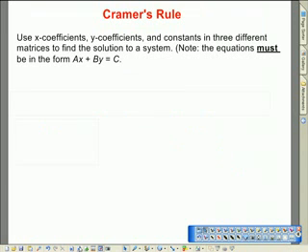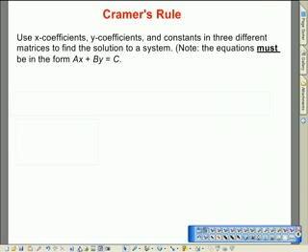Well, now we're going to apply it to Cramer's rule, and this is what I've been mentioning for a while. Cramer was a Swiss mathematician who died in 1752, so he's been gone a while. This is not a new way. It's on the top of page 355 of your book, which talks about Cramer's rule.